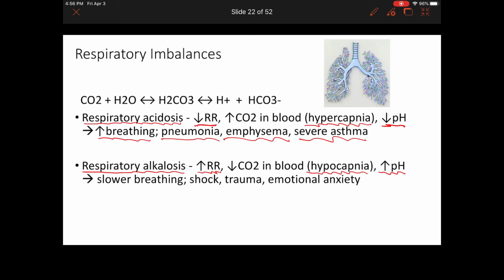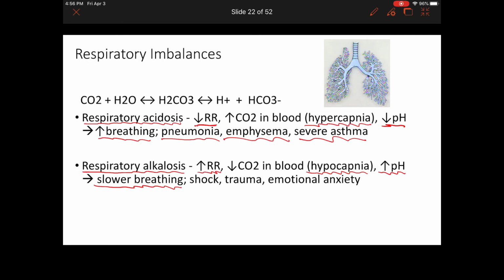The respiratory compensation, or the respiratory control, for respiratory alkalosis is a slowing down of the breathing. By slowing the breathing down, that helps to retain CO2, which compensates for those lower CO2 levels that were happening previously.